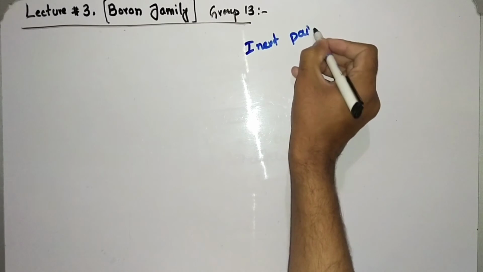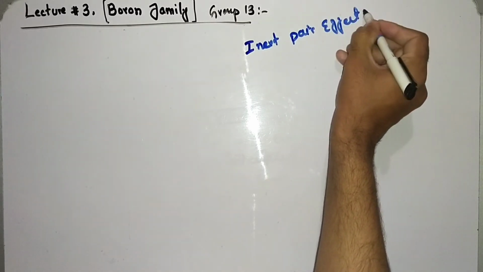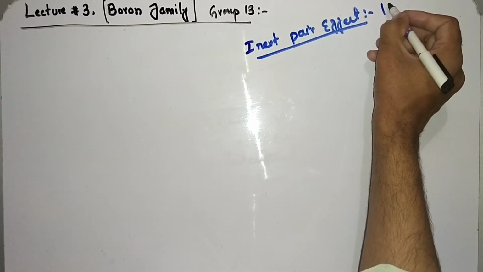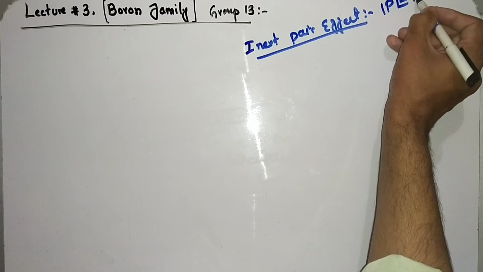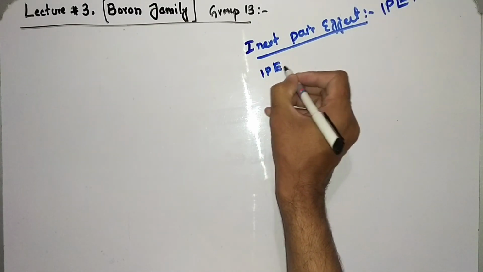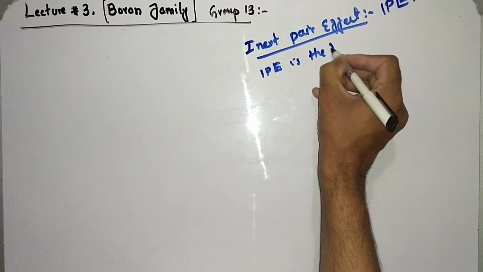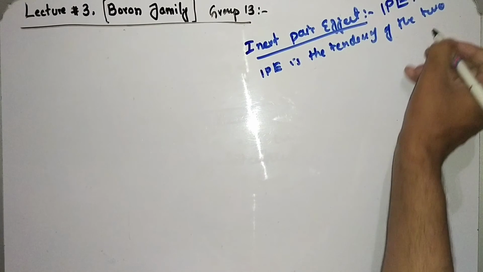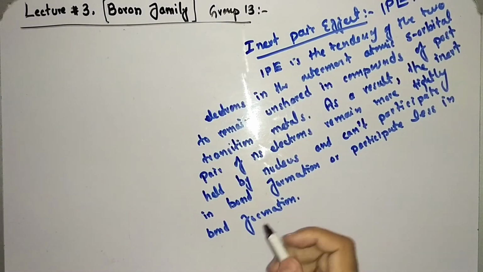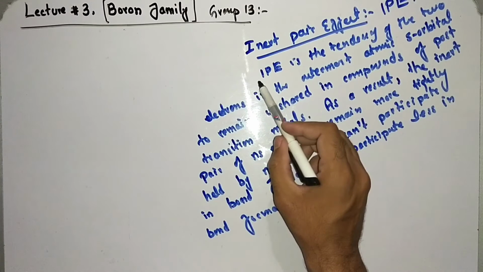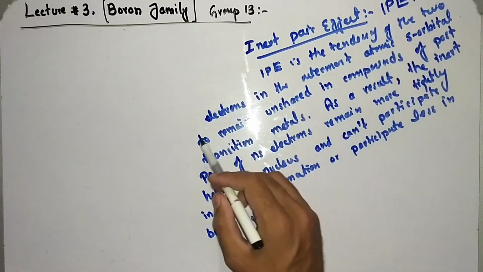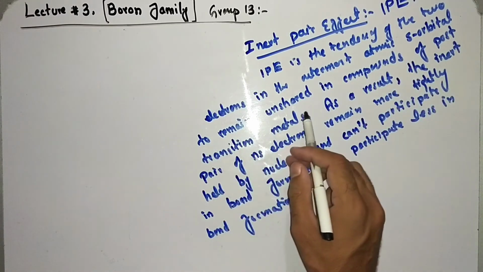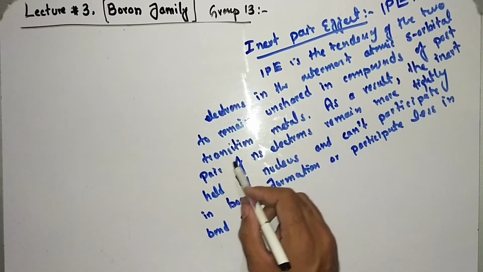You can define the inert pair effect, IPE, in this way: the inert pair effect is the tendency of the two electrons in the outermost atomic s orbital to remain unshared in compounds of post-transition metals.